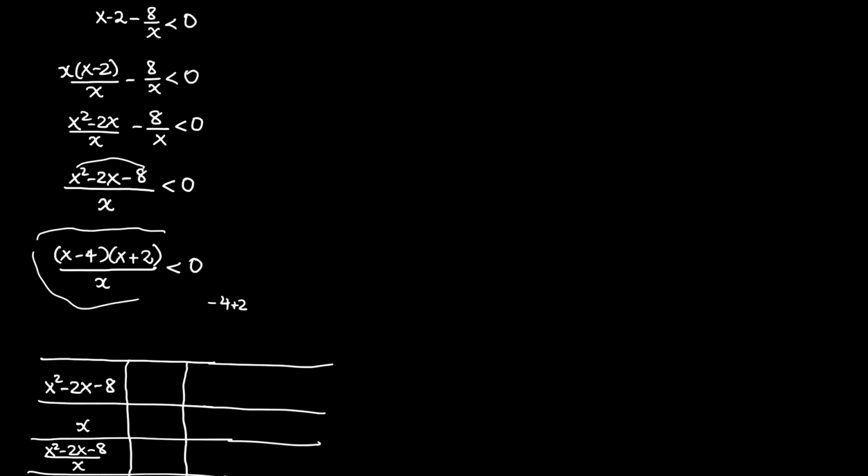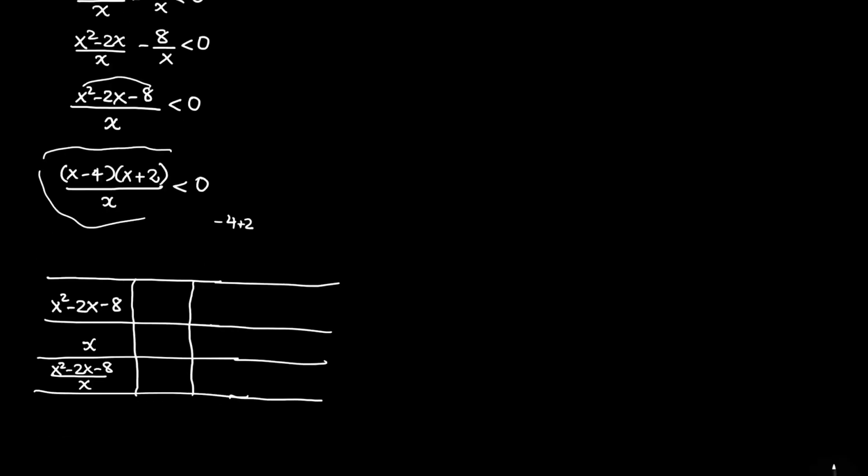Now, from the top, I have x minus 4 and x plus 2. So that means I have x equal to 4, and x equal to minus 2. So I come here, minus infinity, and I organize in order.